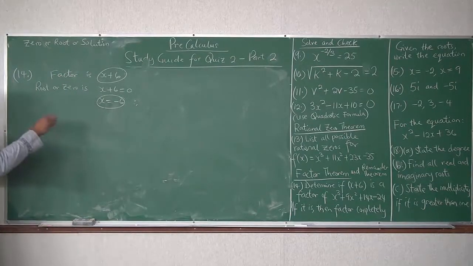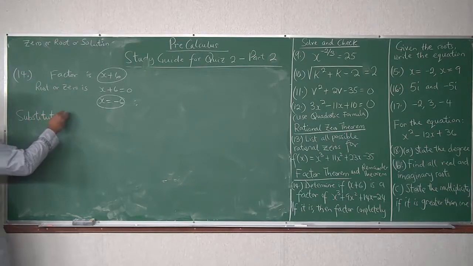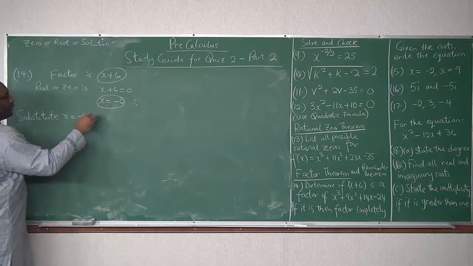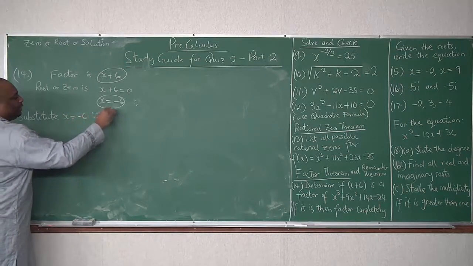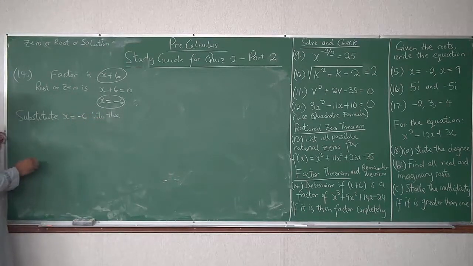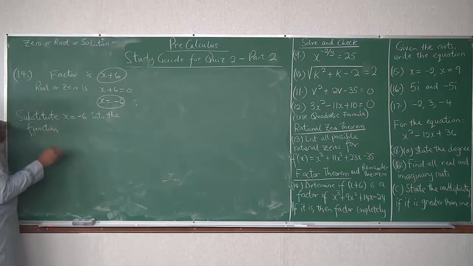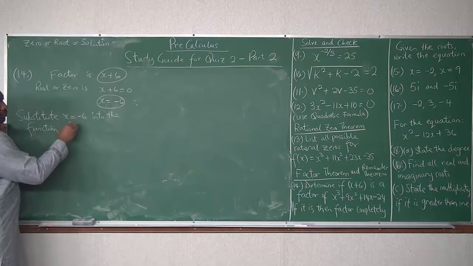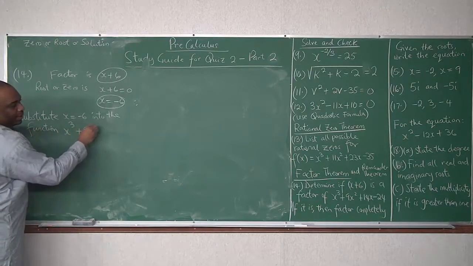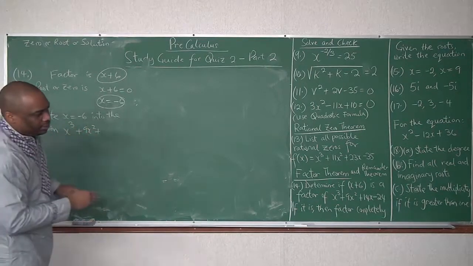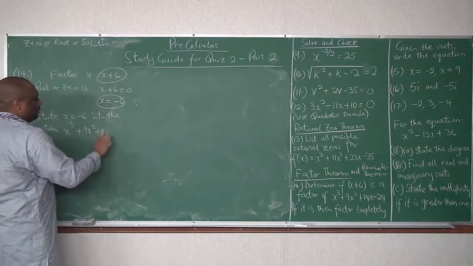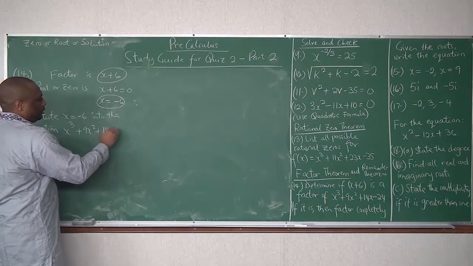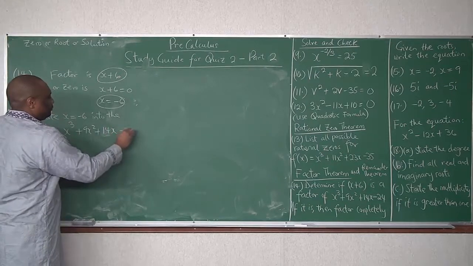Okay, now let's substitute x equal to -6 into the polynomial function x cubed plus 9x squared plus 14x minus 24.